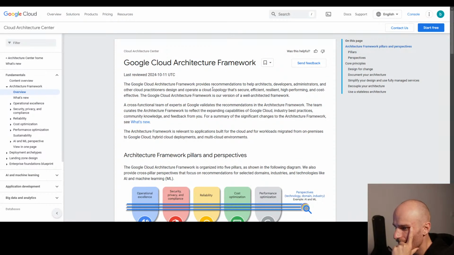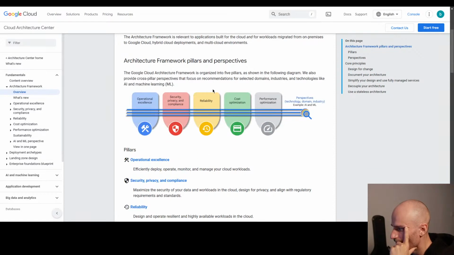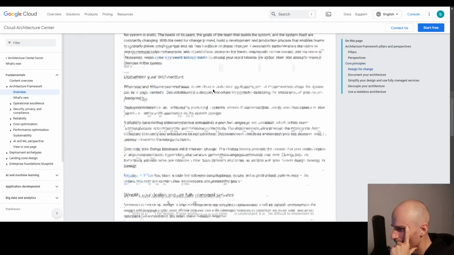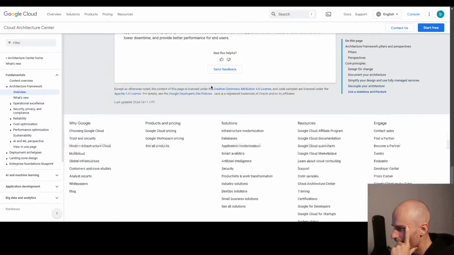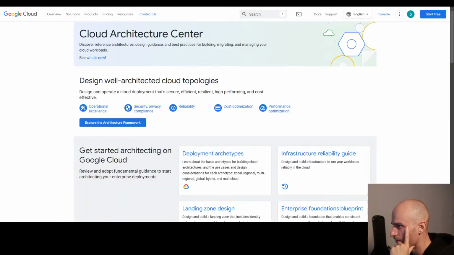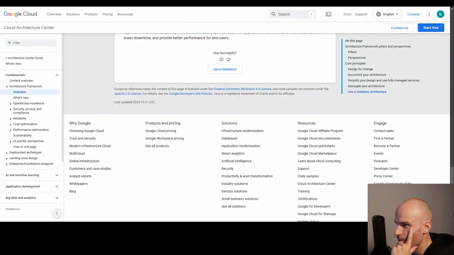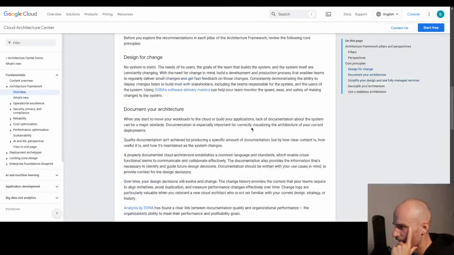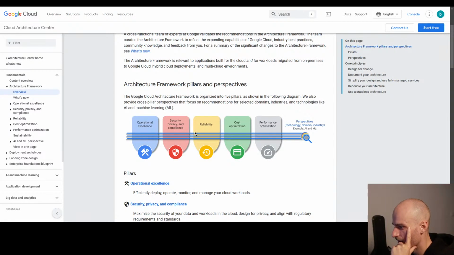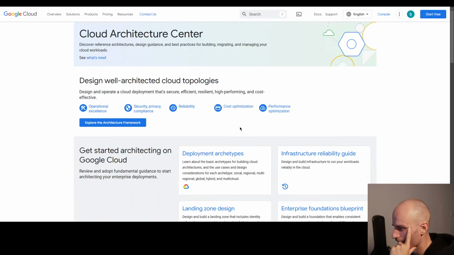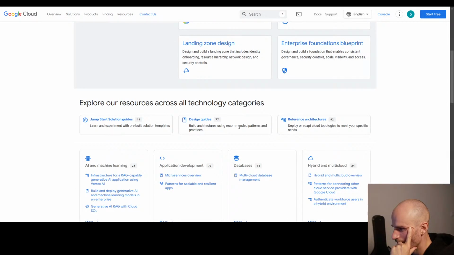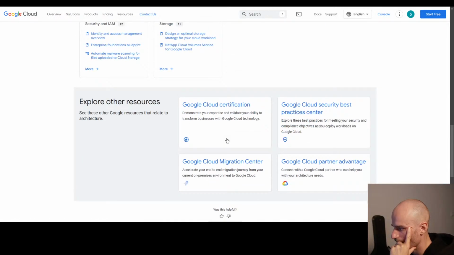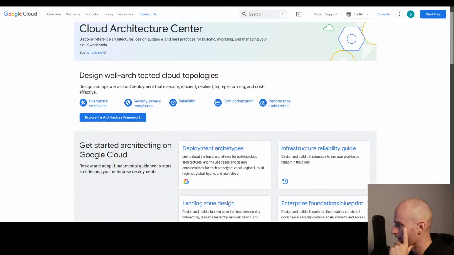Architecture framework. Nice. This is a document that I will include in the other architecture resource. I mean, it's here, I understand. And I see they're remarking the same principles. Nice. Okay.